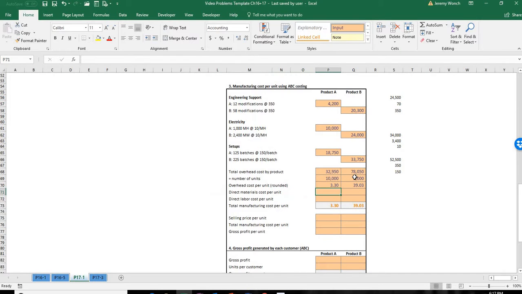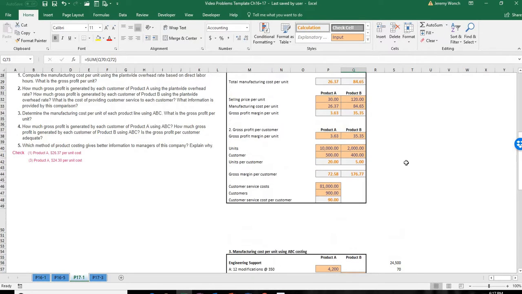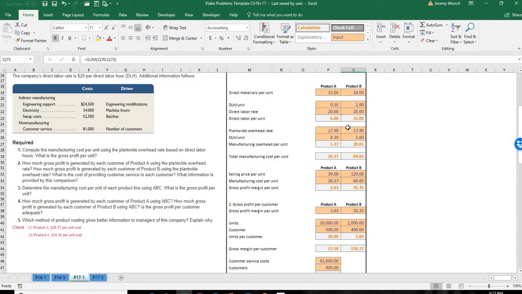Now we add in our direct material cost per unit, so that didn't change. That was $15 and $24. Oops, it's 15 and 24. And our direct labor doesn't change. Before it was 6 and we had 32 before, so we just get that from up here. So 6, 32, 15, 24.